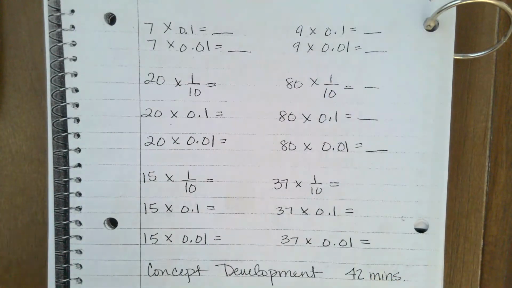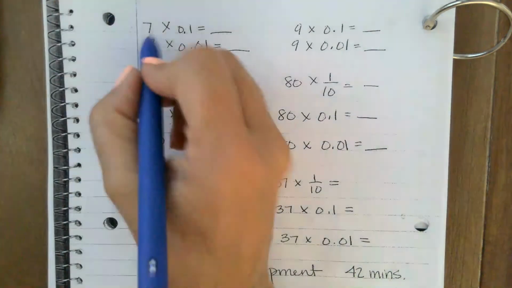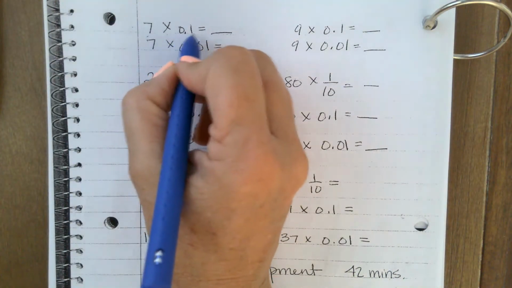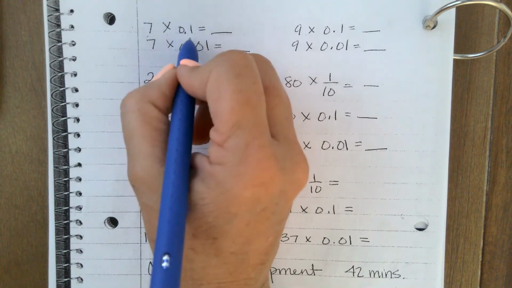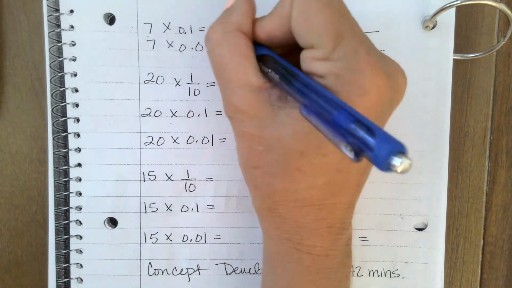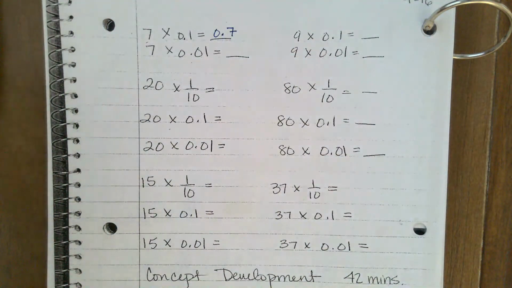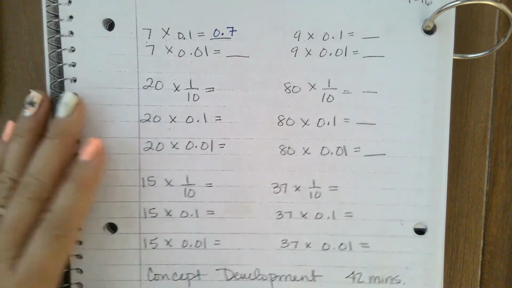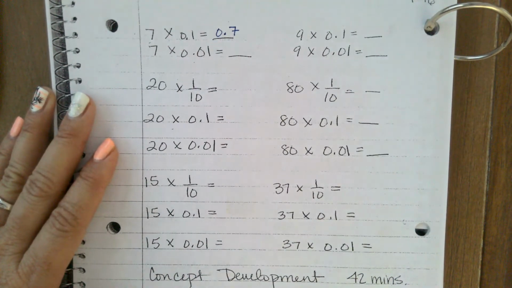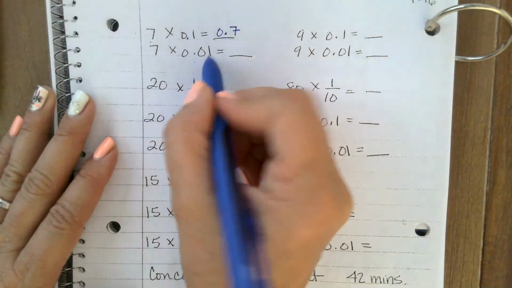From here, where we have 7 times 0.1. Well, 0.1 is 1/10, right? So it's 0.7. Now we have 7 times 0.01. Well, what is 0.01?